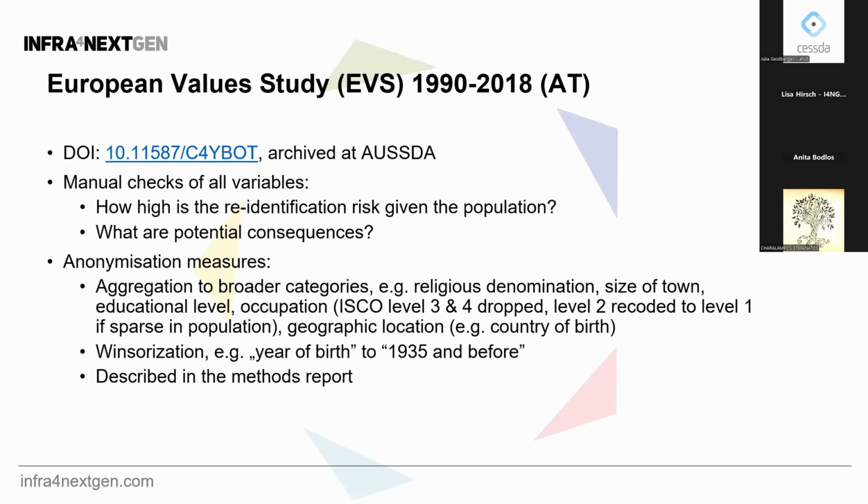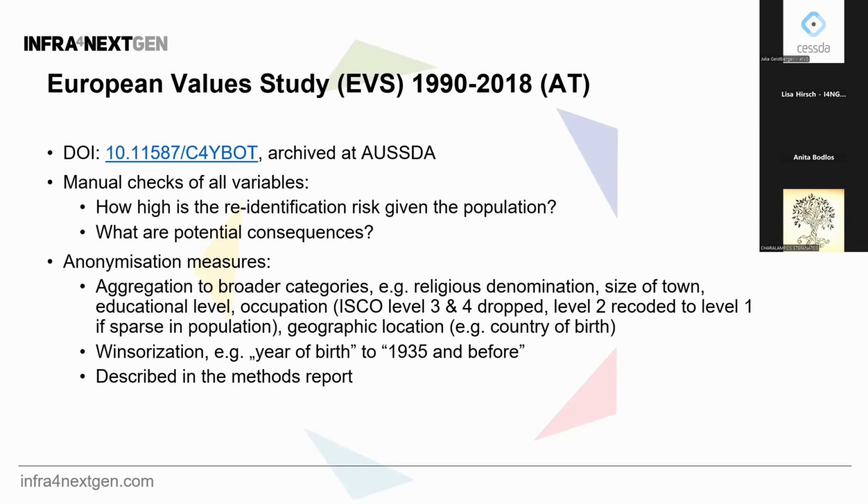ISCO categories cover many individual occupation groups, of course, and for some occupation groups that are very sparse in the population, in the case of Austria, for instance, the military, even ISCO level 2 may lead to the identification of someone in combination with other characteristics that you know about this person.